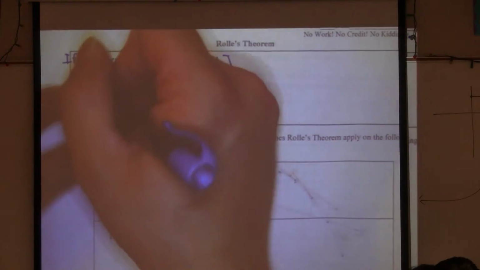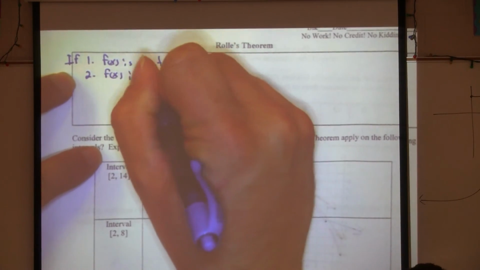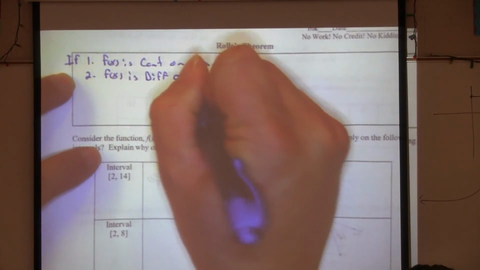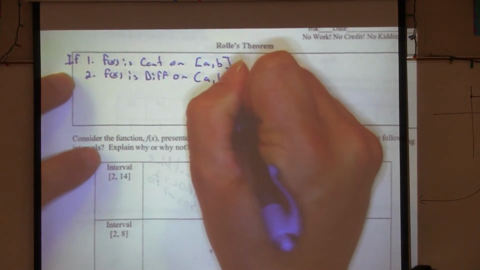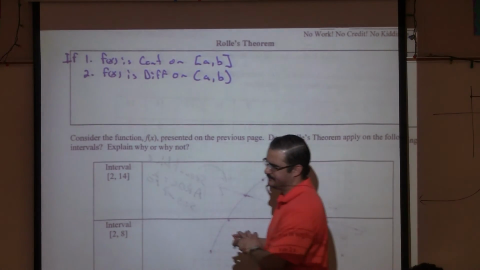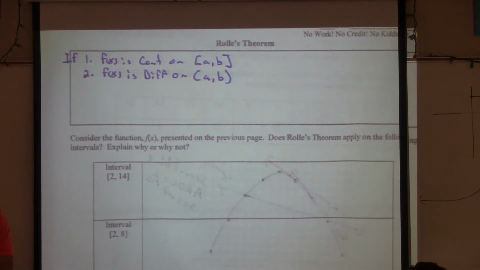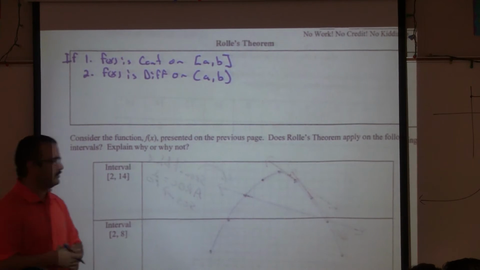The second thing that has to be true is that f of x has to be differentiable on the open interval AB. Okay? So what's the difference between those? One includes the endpoints and one doesn't include the endpoints.